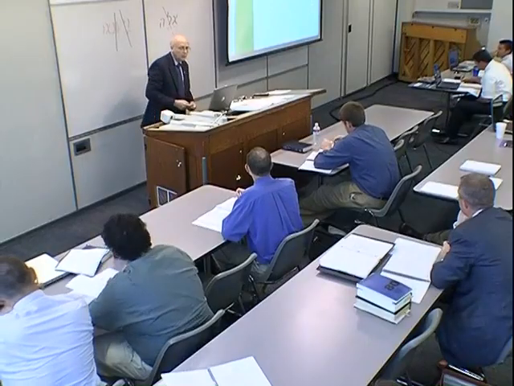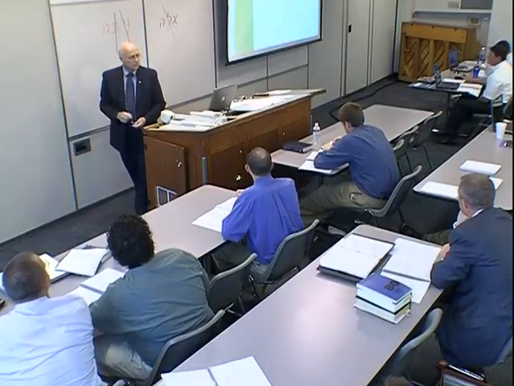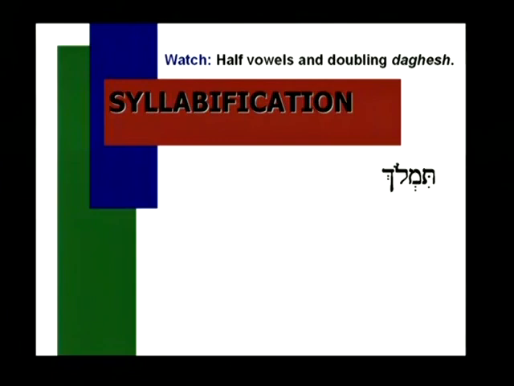All right? We look at this one. What are the problems? Schwas. And we have to determine what about these schwas? Whether they're vocal or silent. What about the last schwa? Silent. Why is it silent? Any schwa in the bosom of a kaf sofit is silent.